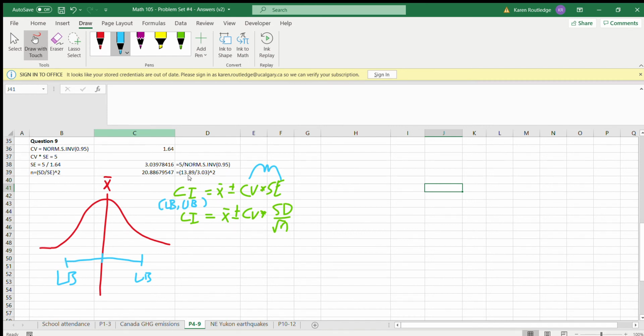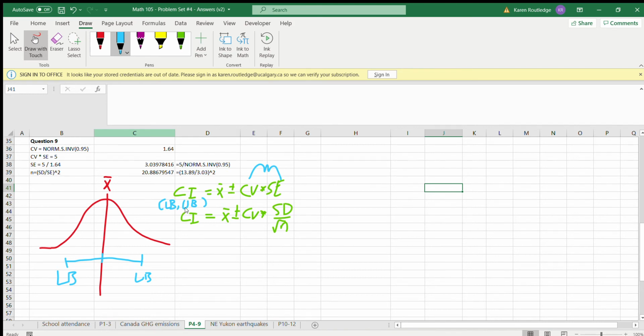So this value should equal this. And we don't have to worry about the sample mean in this case. The sample mean could be 0, it could be 2, 200, 2000. It has no effect on how wide the confidence interval is. The width of the confidence interval is only determined by the critical value times the standard error.